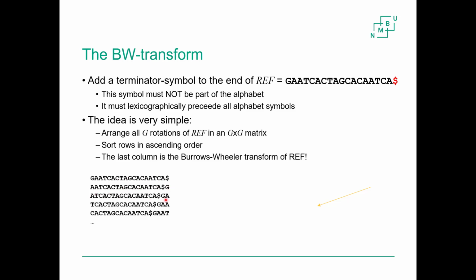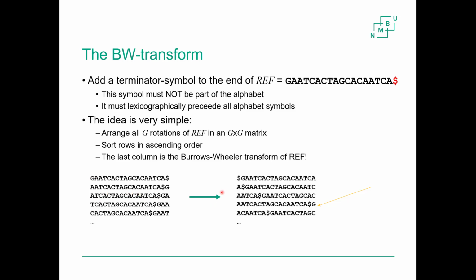Then you end up with this one. And you continue doing this over and over again, and there will be one new sequence for each position in the original reference. That's why it's capital G rotations. Then we sort these rows in alphabetical order. It's actually the same rows, but they have just been given a different ordering.